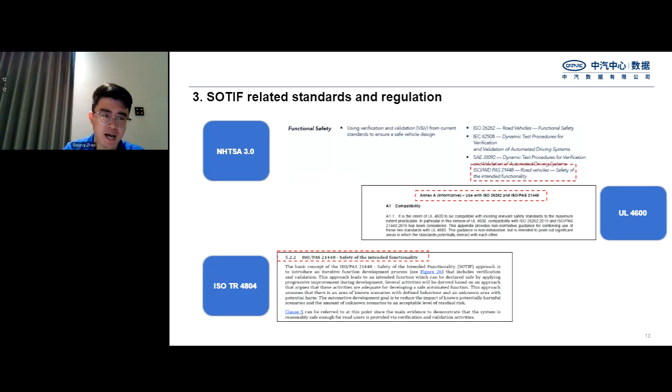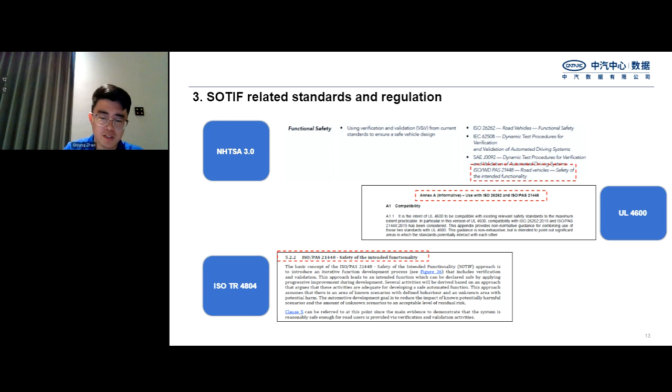Other than that, other institutions globally, in the States or other ISO working groups, have things like NHTSA 3.0, which is about the autonomous driving report, and also UL 4600, and the ISO technical report 4804.